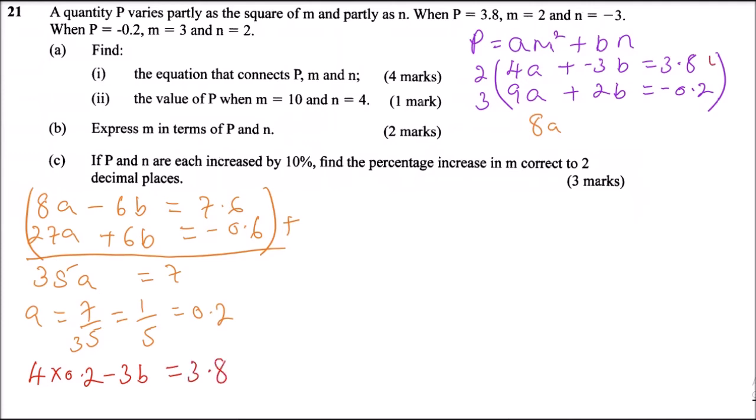So we have substituted in that equation, and when you simplify that, we take 3b to one side, so we have 3b is equal to, take this to the other side, that will be 3.8 minus 0.8.